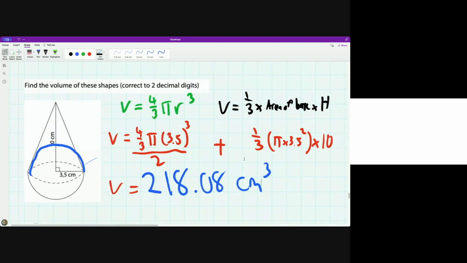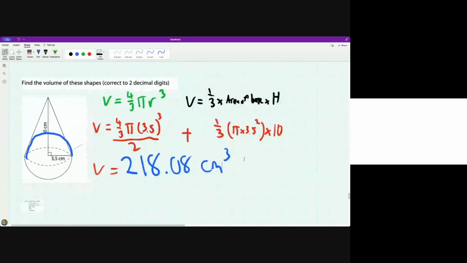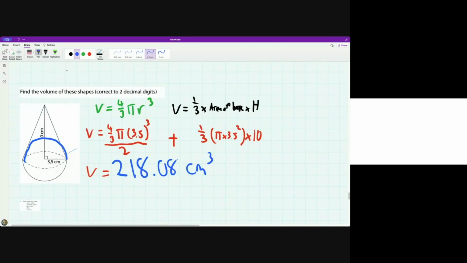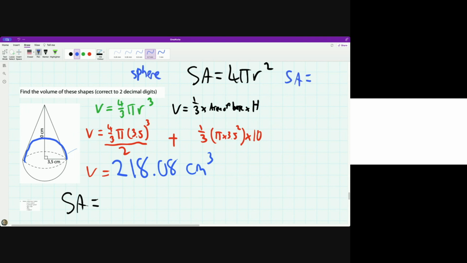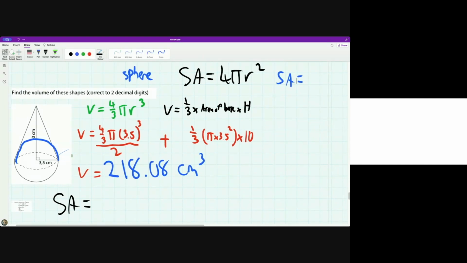But I want us to find the surface area of this upside down ice cream cone. Now, I will give you some help. I will tell you that the surface area of a sphere is 4 pi r squared. So that's for a sphere. And the lateral surface area, well, actually, I'm going to give you the whole thing.